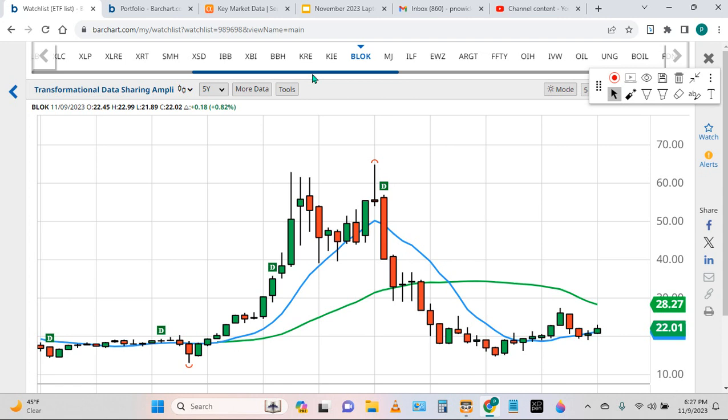BLOK, and take a look at what companies are inside of that ETF, maybe do some homework for yourself and see, can you find relative strength and relative weakness using the overall market, such as SPY or the QQQ.